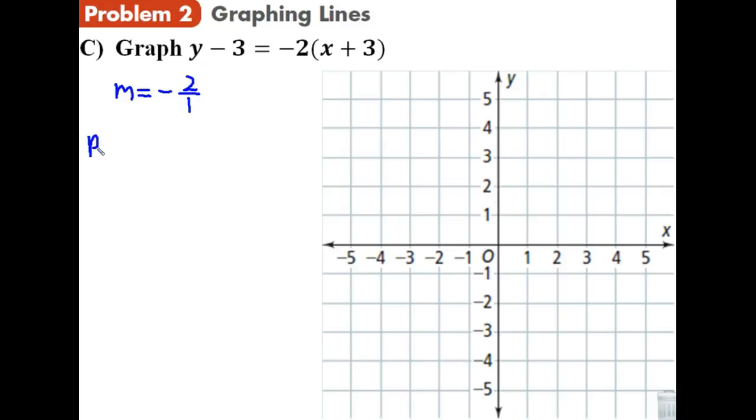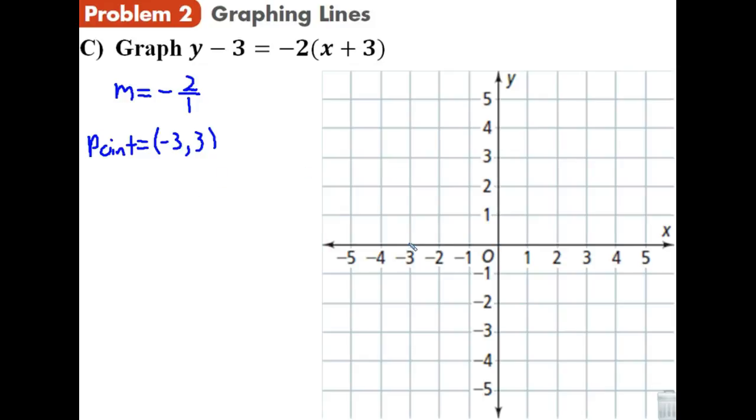And then what we also have in the point-slope form is a point on this equation. We have y minus 3. That's going to be the negative of the y coordinate, which would just be a 3. And for the x plus 3, that's going to be a -3. Remember, things switch signs as we go from the actual point to the equation because we have the y minus y1, x minus x1.